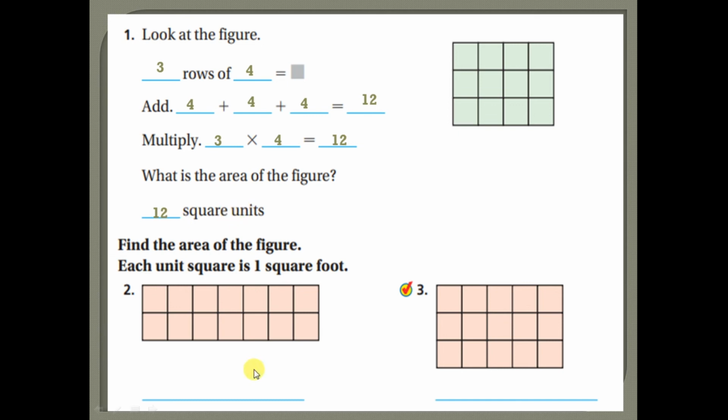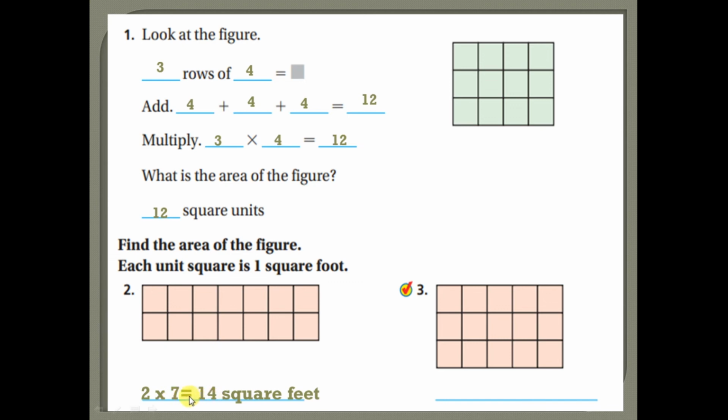Now, let's find the area of this shape. How many rows? 2. This is row number 1, and this is row number 2. And how many squares in each row? Let's count. 1, 2, 3, 4, 5, 6, 7. So it would be 2 multiplied by the number in each row, 7, equals the product.